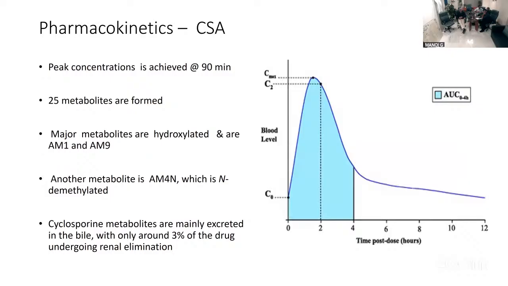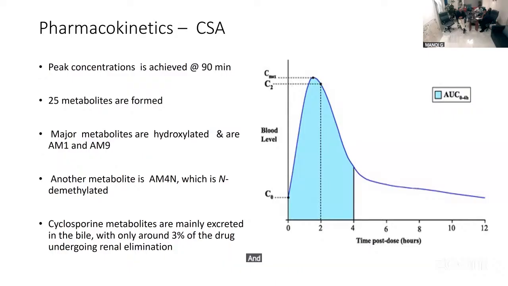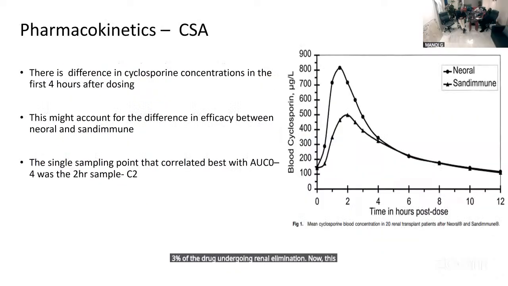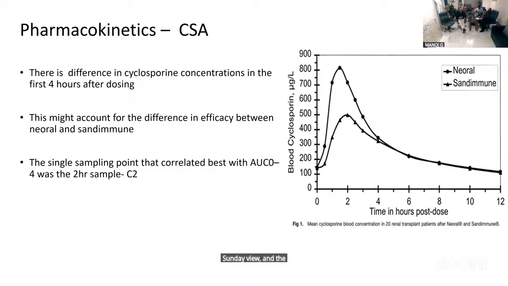Now, regarding the pharmacokinetics of cyclosporin, peak concentration is achieved at around 90 minutes. There are 25 metabolites formed, and the cyclosporin metabolites are mainly excreted in the bile, with only 3% of the drug undergoing renal elimination. Now, this graph shows the difference between the original, the previous Sandimune, and the current microemulsion form of cyclosporin.